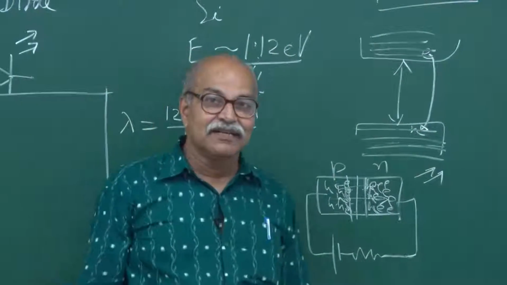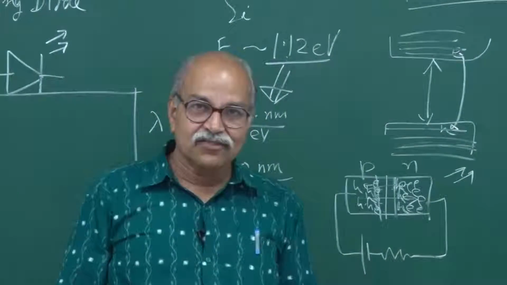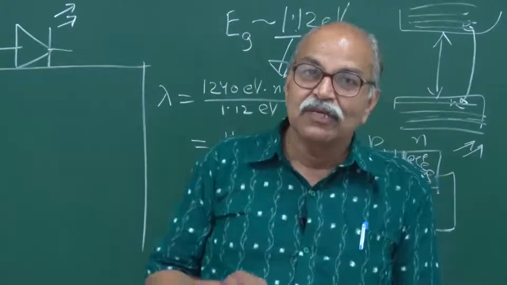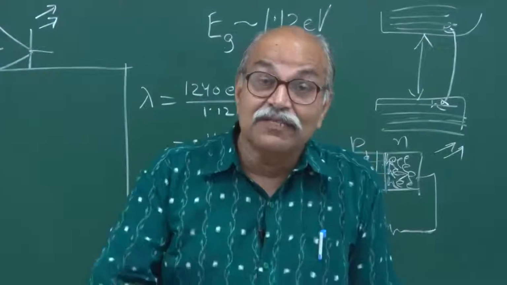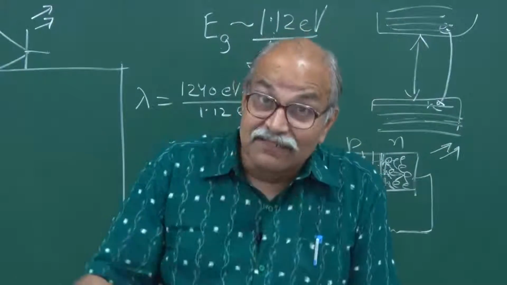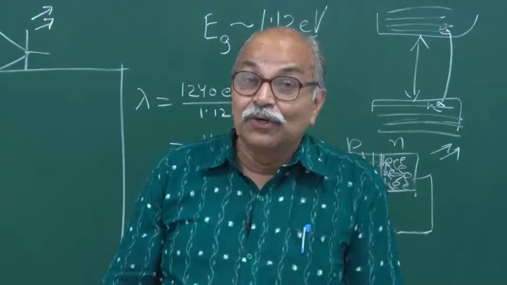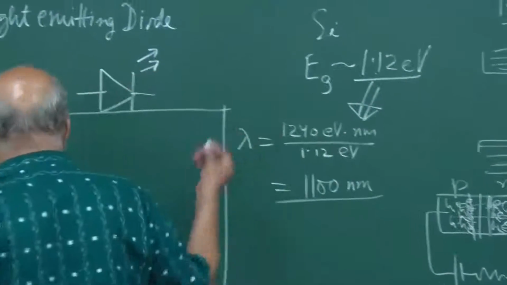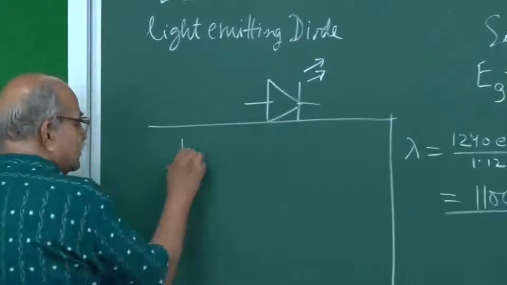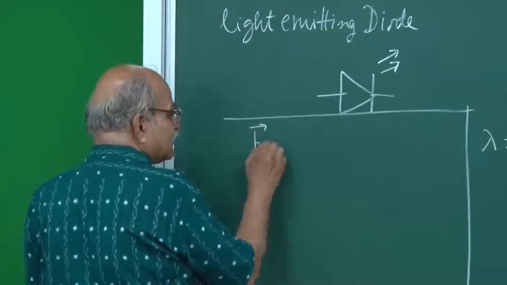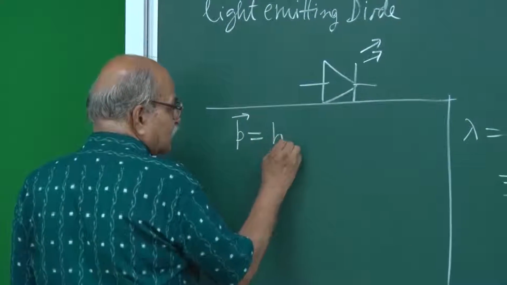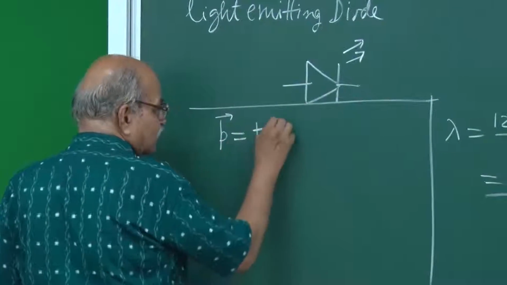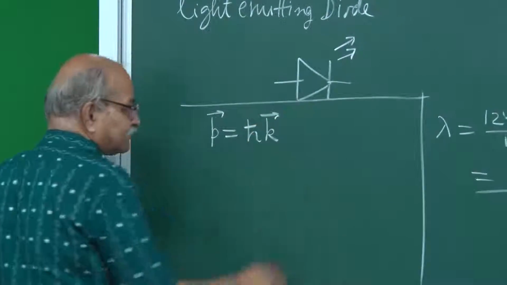But in semiconductors, the electron energy depends on the momentum of that electron in that crystal. The momentum is popularly written in quantum mechanics as h cross, that is h by 2 pi, times the k vector.